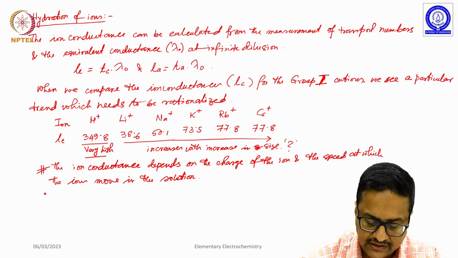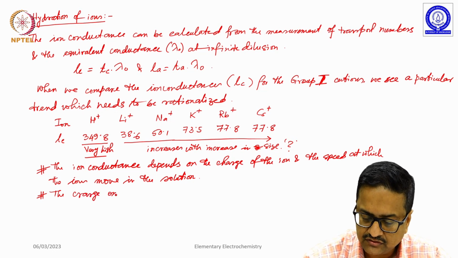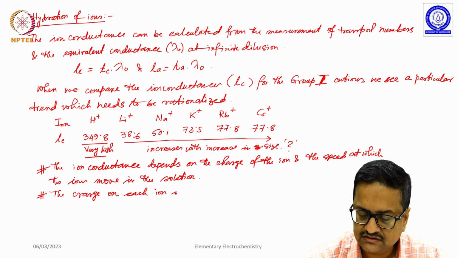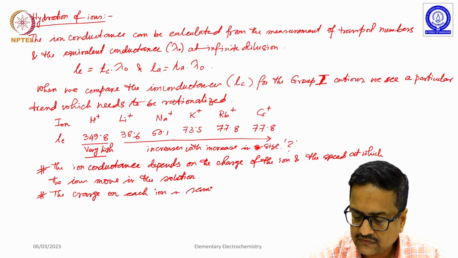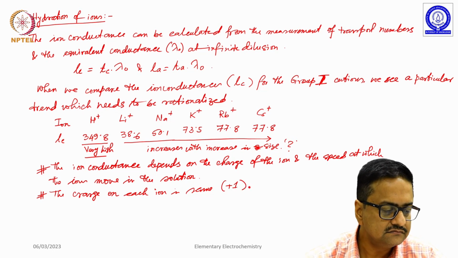In this particular case, in case of group 1 cations, the charge on each ion is the same, that is +1, right.